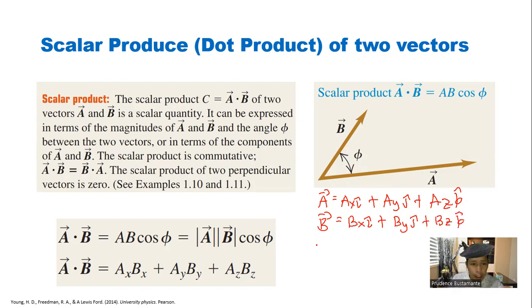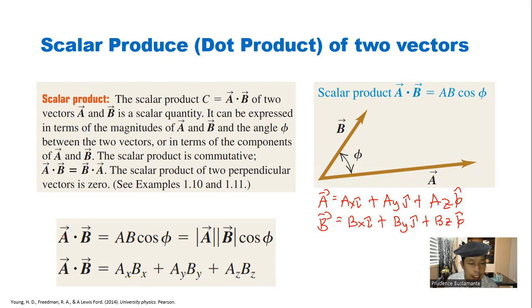Okay, so if vectors A and B are in this form, the product A dot B is just equal to the sum of the products of its components: AxBx plus AyBy plus AzBz. So these are the two formulas.